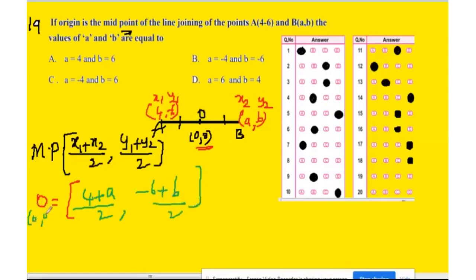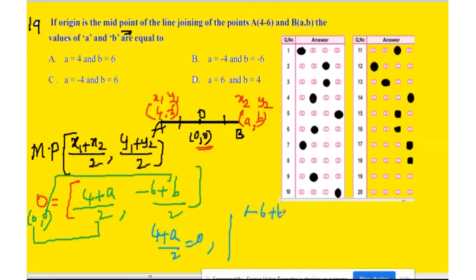Origin, we all know origin is represented with 0, 0. Equating x coordinate and y coordinate, 4 plus A by 2 is equal to 0 and minus 6 plus B by 2 is equal to 0. Obviously A is equal to minus 4. Reason is 2 times 0 is 0. When plus 4 goes to the other side it will become minus 4.